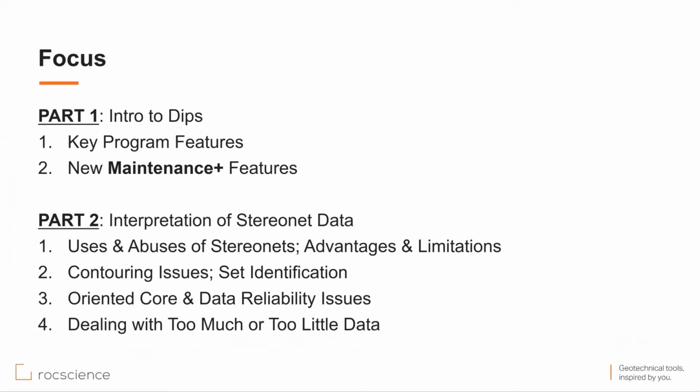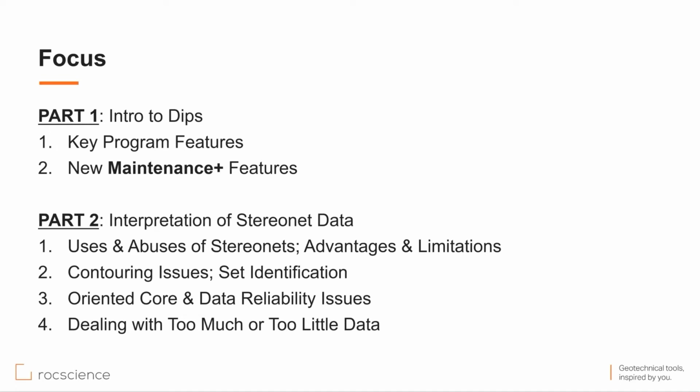Today's webinar will be broken up into two sections. For part one, I will focus on introducing the DIPS software, including a brief overview of key program features and demonstration of new features introduced through Maintenance Plus. For part two, Dr. Carter will be showing us how to interpret orientation data from a StereoNet.